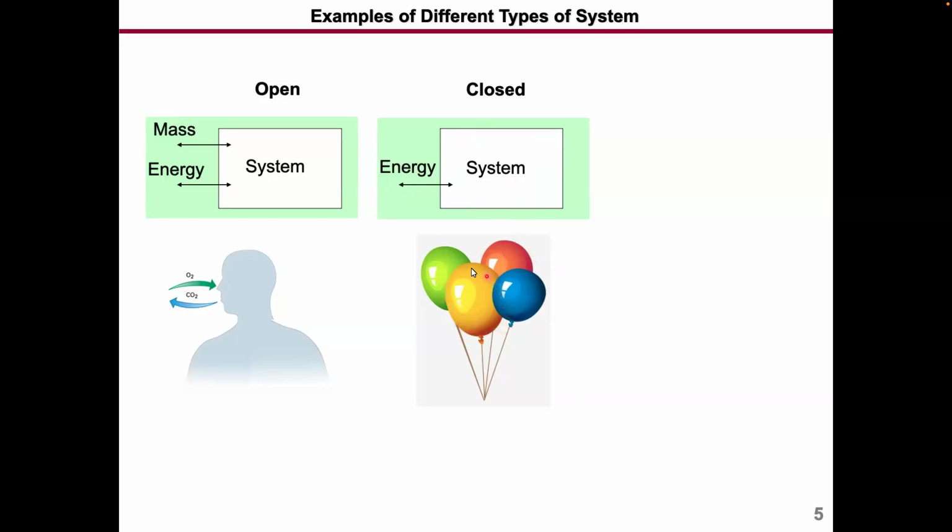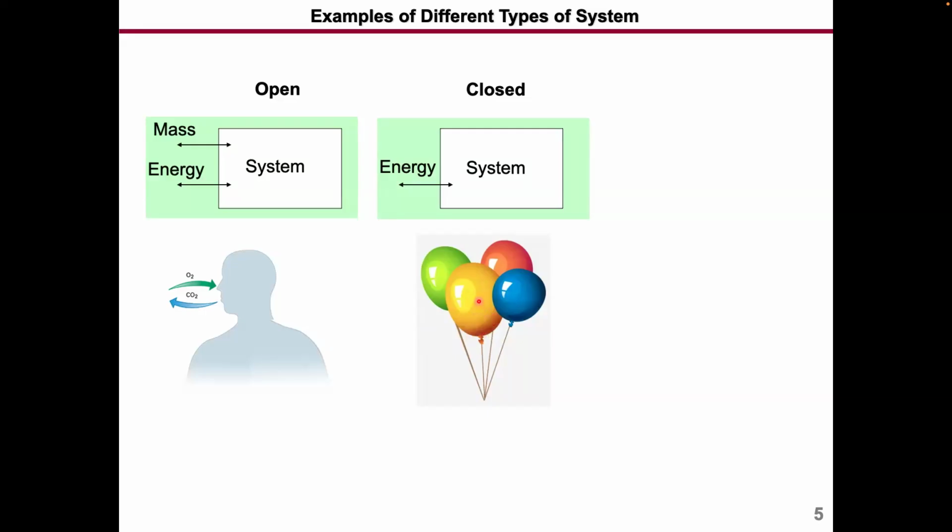But for the balloon, the surrounding is your air, and again you may have some energy change, right? If you have a balloon and you keep rising to the top, when it's getting colder it may shrink, and when it gets hotter it may expand.